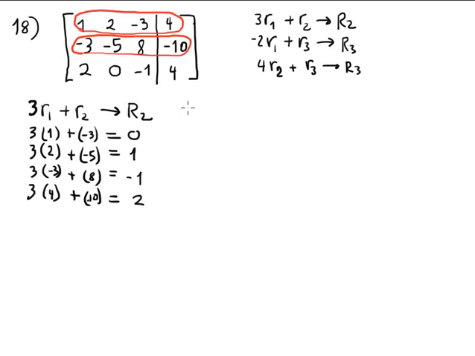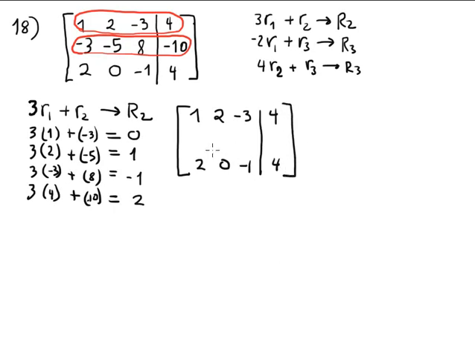And the new matrix then is 1, 2, minus 3, 4, 2, 0, negative 1, 4. And the new row 2 is 0, 1, negative 1, and 2. Let's do it using the calculator.